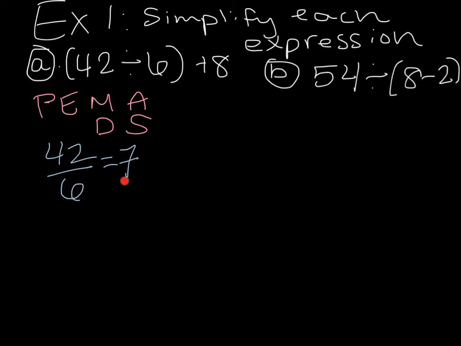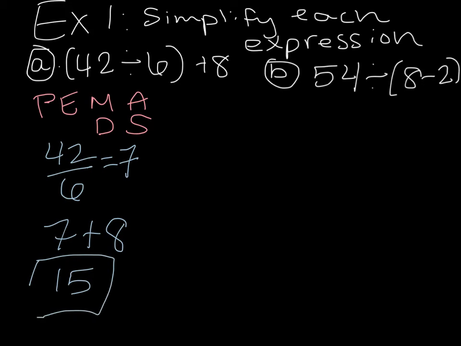So I'm going to take this 7 and I'm going to add 8 to it. So we've got 7 plus 8. 7 plus 8 is 15. I'm going to box in my answer. So 15 is this equation, or I'm sorry, I used the wrong vocabulary. This expression totally simplified.